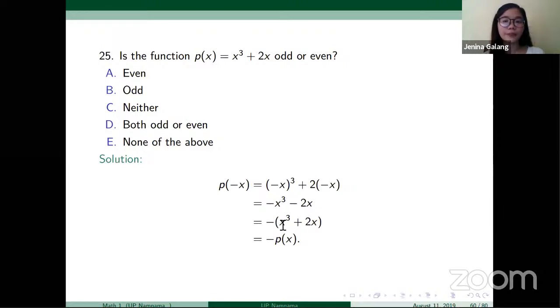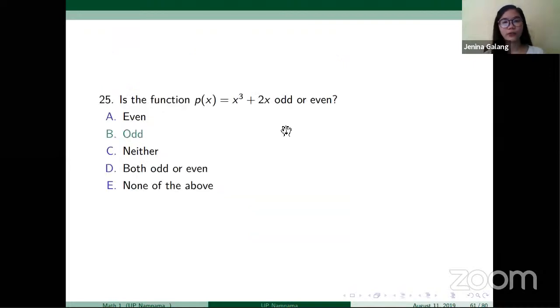So, pwede nating factor out yung negative. So, we will have this, which is just equal to negative p of x. So, sabi natin sa video lecture, kapag ito yung lumabas, odd function yung function natin. So, 25 is letter B.